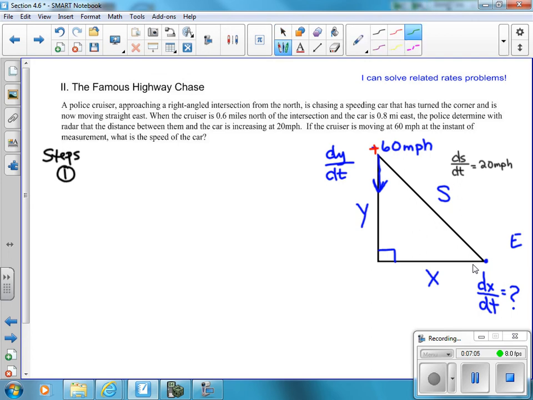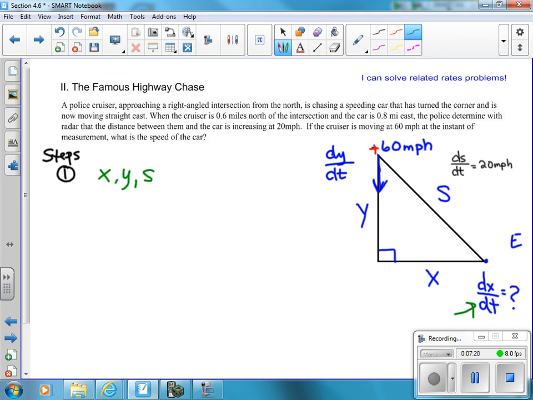All right, so we have a little triangle here, and we want to know the speed of this car. So we want to know dx/dt. Number 1, x, y, and s are all variables.